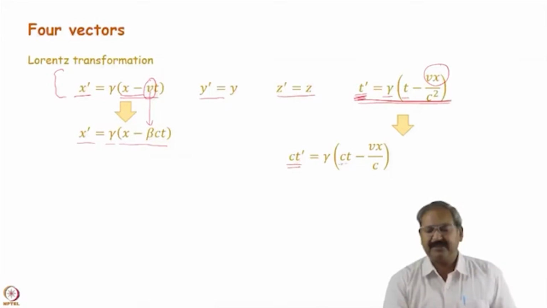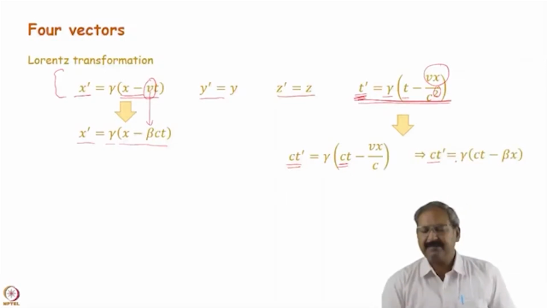On the right-hand side also we multiply by c, and instead of c squared there will be c, because one multiplication by c is there. So ct prime equals gamma times (ct minus beta x), writing v by c as beta.